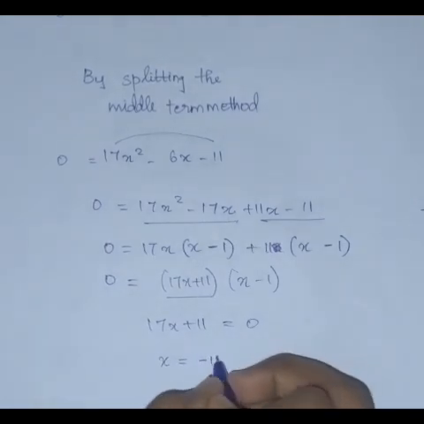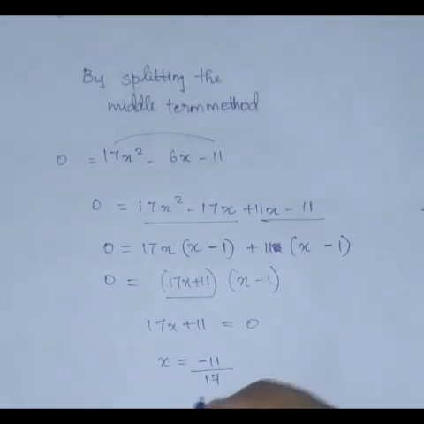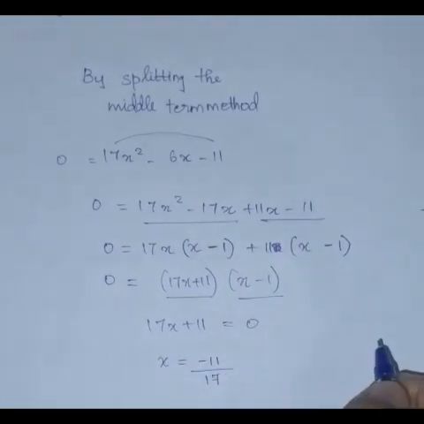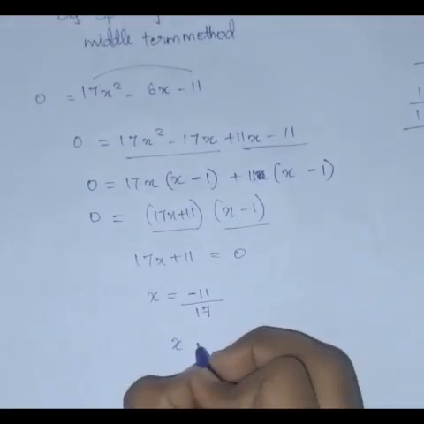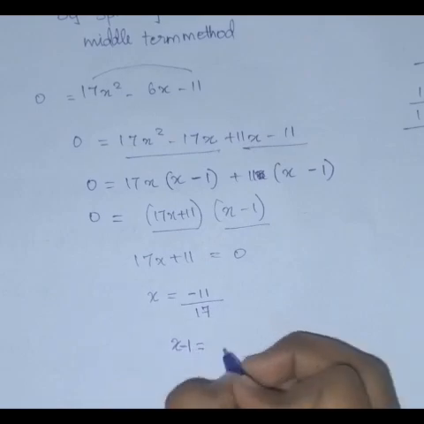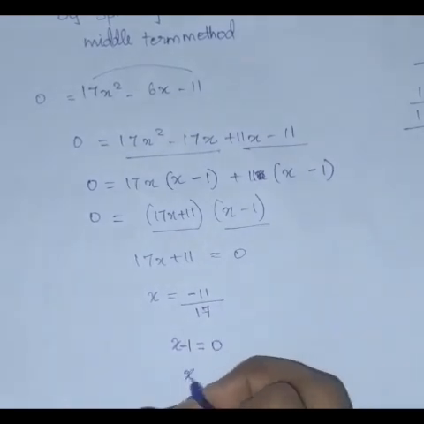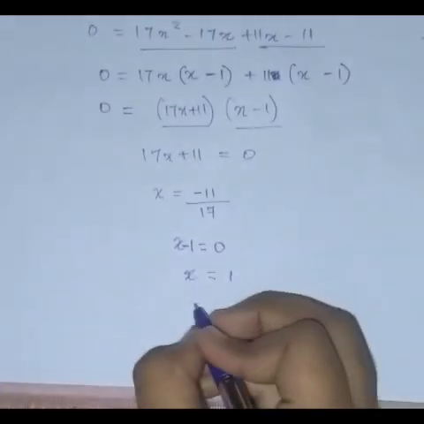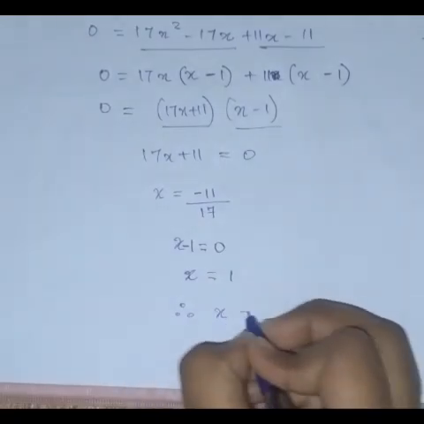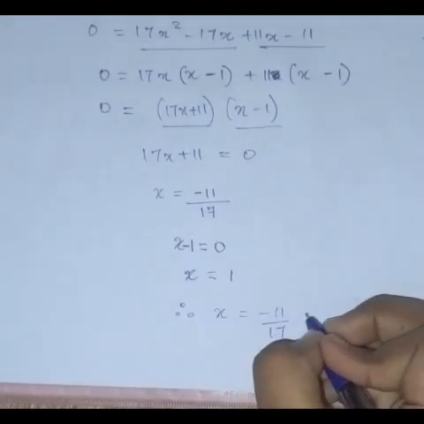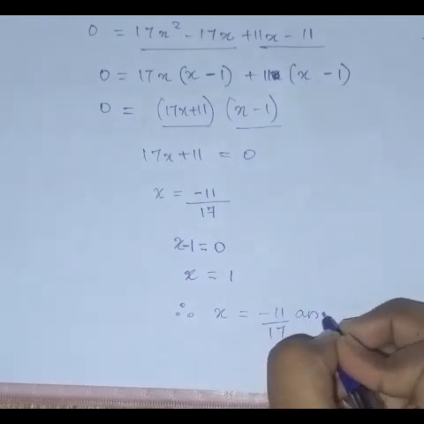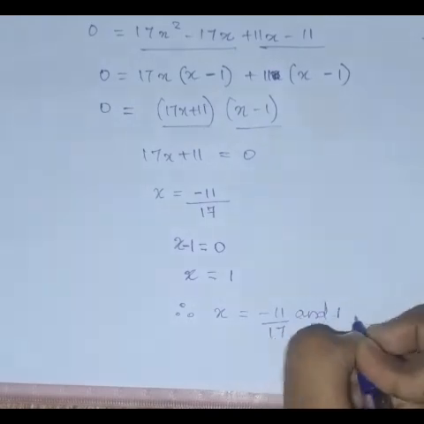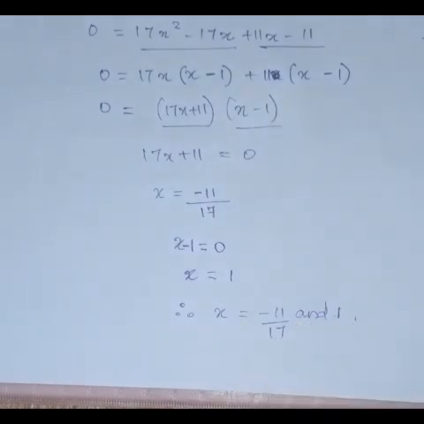So we would get x is equal to minus 11 by 17, and x minus 1 equals to 0. We would get our x as 1. Therefore our x is equal to minus 11 by 17 and plus 1. So we have seen in the question x should not be minus 1.